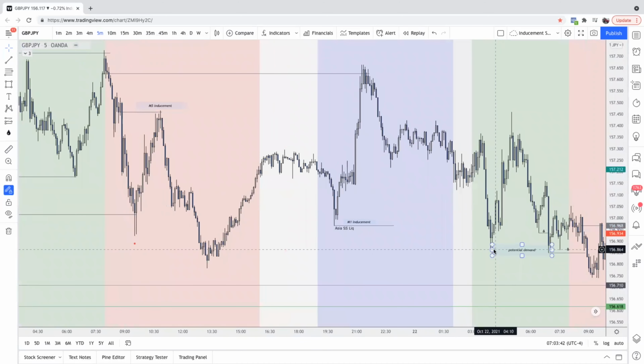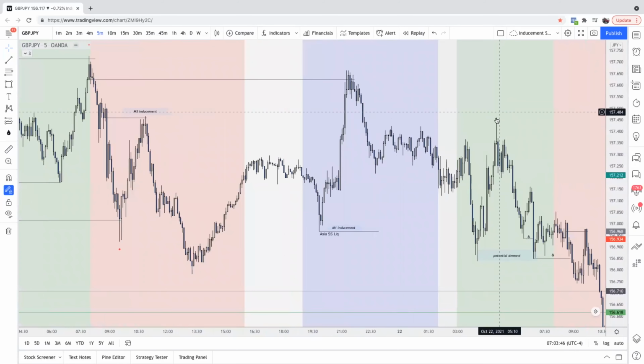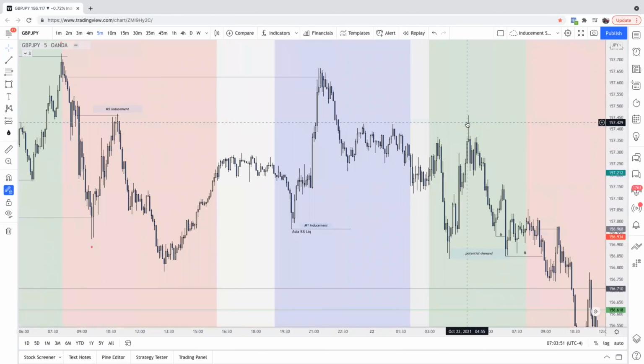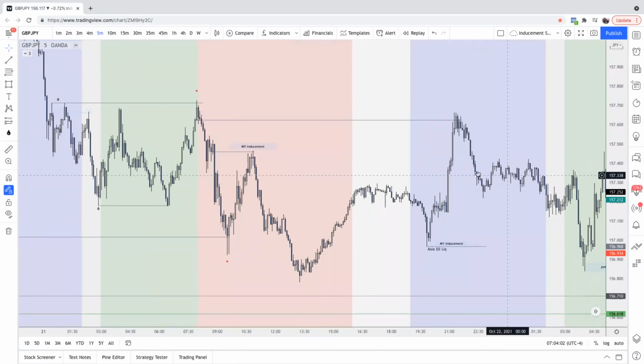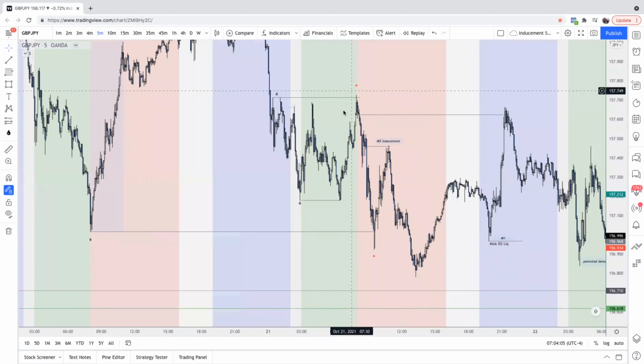London comes back, mitigates demand in here, and then breaks structure back to the upside here, right? So thinking from a buyer's perspective, okay, I see how this is now building liquidity for price to go lower, not for me to be buying here, because I understand I'm already solidified here.